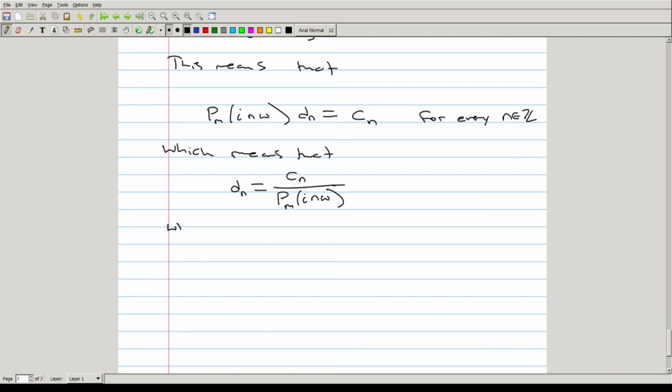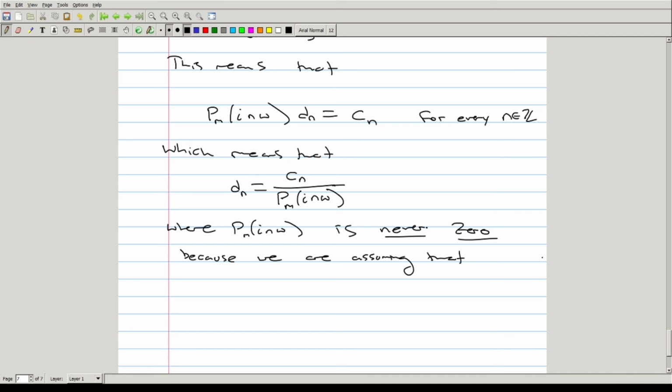Where Y_m of i omega is never 0, because we are assuming that the solution is asymptotically stable.